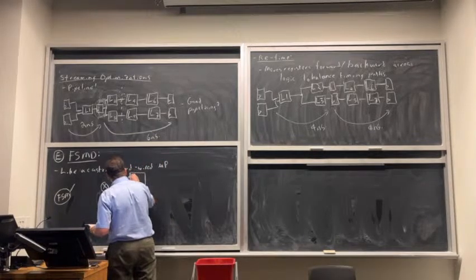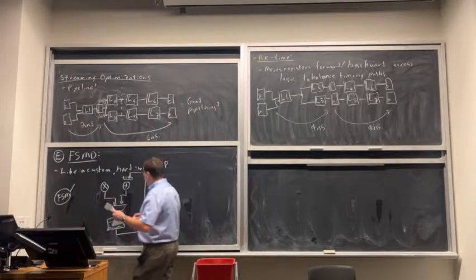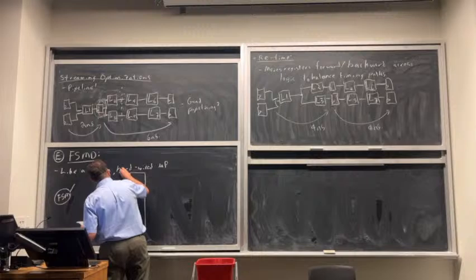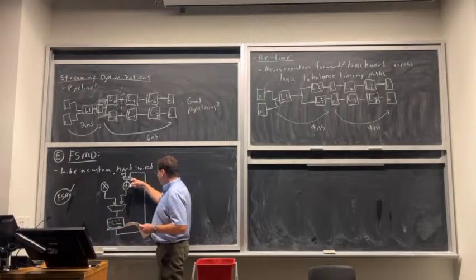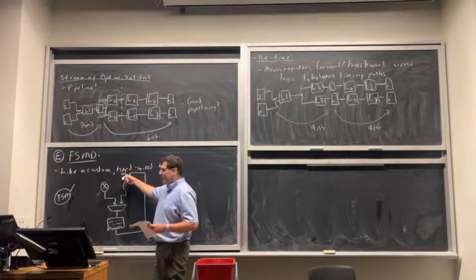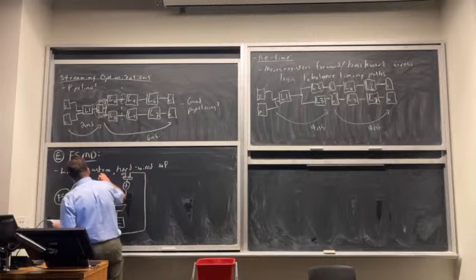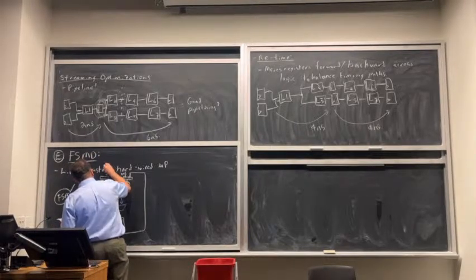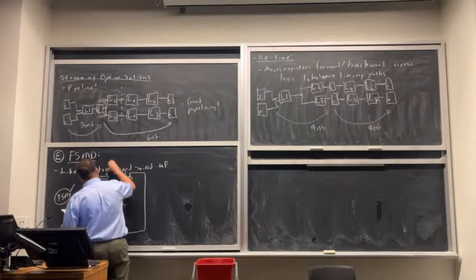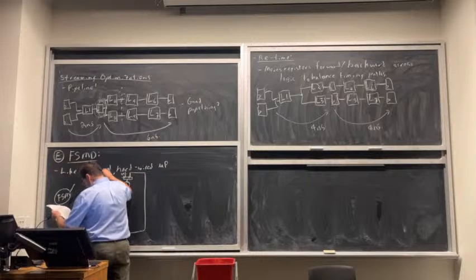Now I need some way to get new inputs into this data path too. Let's say this will be input 2, goes in there. So I've got a mux that controls whether I take a new input in or take something out of the register file. Here I've got another mux, so I could take a different input in 1, or I could take something out of my register file.